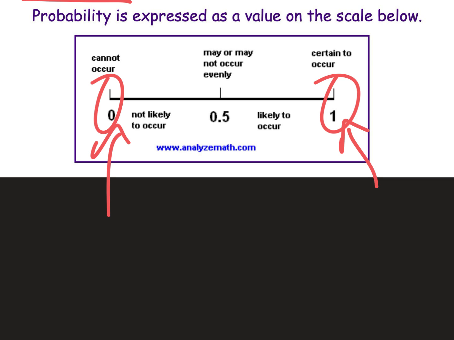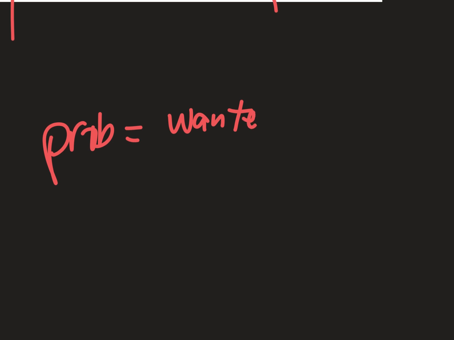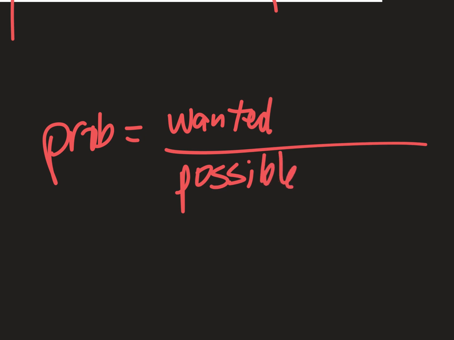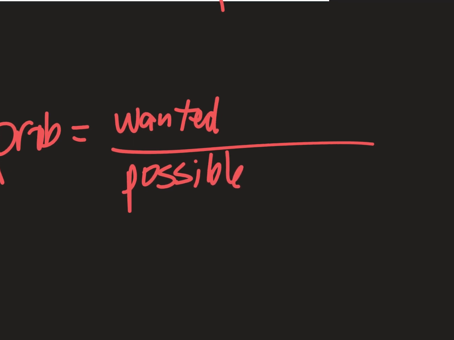All right, so I want you to write this down. Please write this down. Probability equals what you want over what's possible. And these are both outcomes. Now, you don't have to remember the outcomes word.